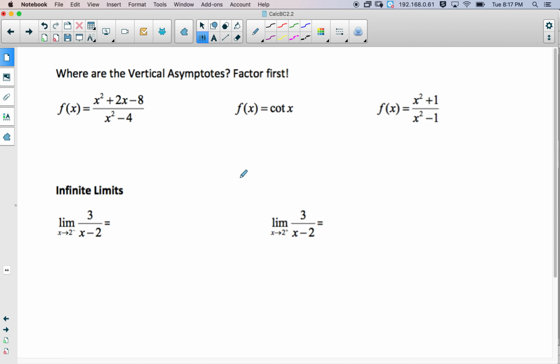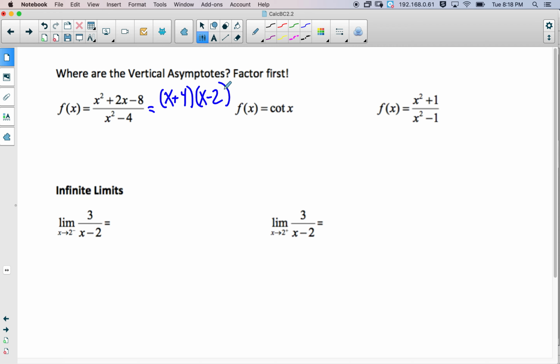Okay, so let's take a look at these first three scenarios, and we want to figure out where the vertical asymptotes are. So let's factor, and you want to factor the numerator and the denominator. So I think this is going to be x plus 4, x minus 2. Yep, that looks right.